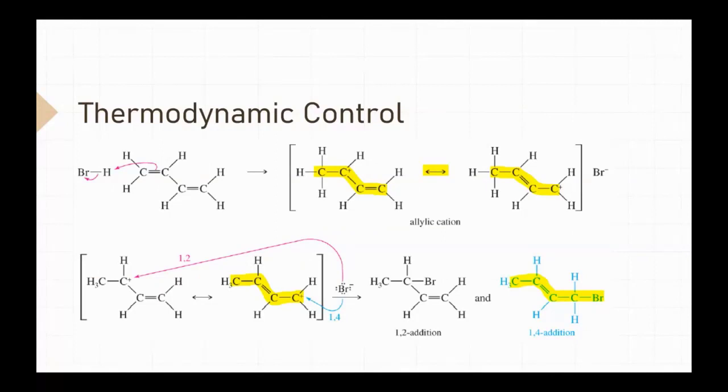So going back here, the alkene grabs the H, and you have that carbocation, and then you resonate it. Remember to resonate it if it's hot. Once you resonate it, that Br can go to the resonated carbocation and add to it there. So that's your 1,4 addition.